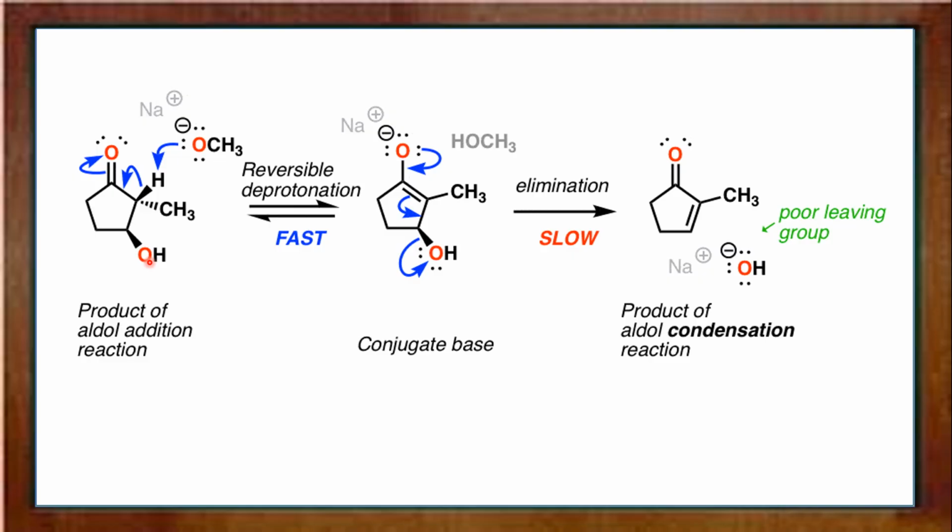For the E1CB mechanism to operate, the nucleophilic leaving group should be a poor leaving group, and the beta carbon should be connected to an electron withdrawing group. So these are the conditions in favor of E1CB. These aldol molecules fulfill these conditions. Therefore, the dehydration of aldols is a very good example for the E1CB reaction.